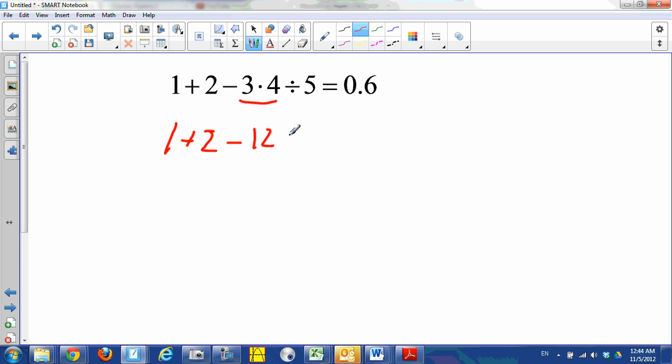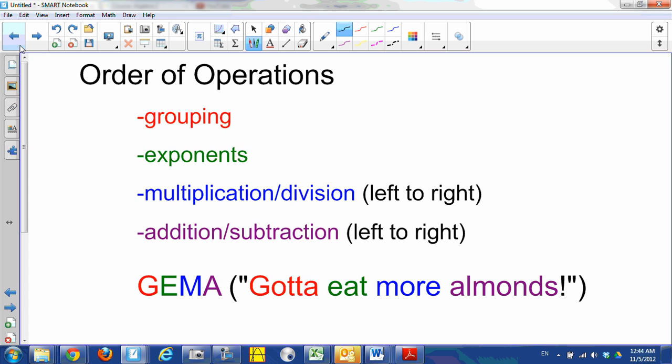You know what? For clarity's sake, I'm going to go black here. 1 plus 2 minus, and then I'm going to go red, 12. And then I'll go back to black. Divided by 5.